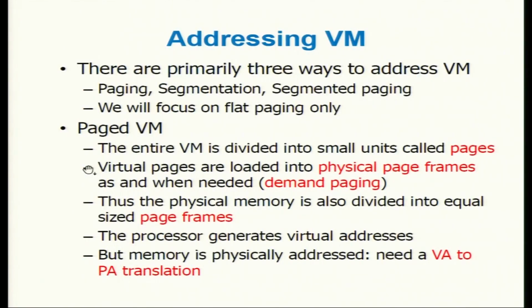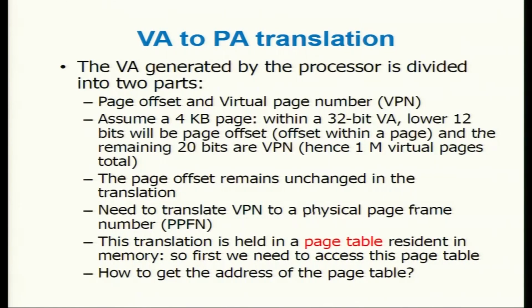So essentially what it means is that this virtual address to physical address translation needs to establish this mapping between the virtual page number and the physical page frame. The virtual address generated by the processor is divided into two parts. One part is called the page offset, another part is called the virtual page number.